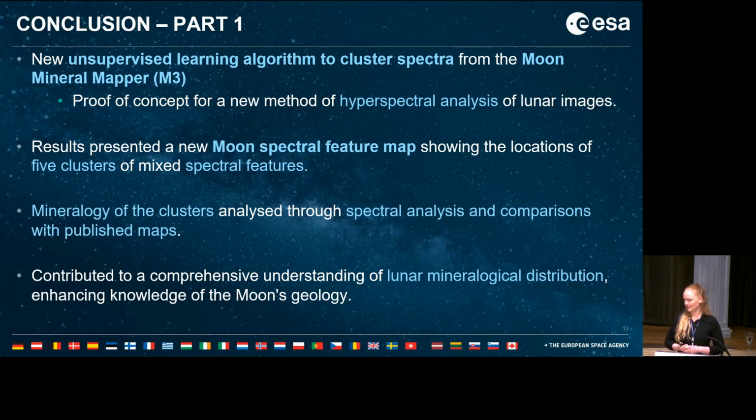With these results, we present a new moon spectral feature map showing the locations of 5 clusters of mixed spectral features. And these clusters are analyzed through spectral analysis and comparisons with published maps. We hope to contribute, of course, to an understanding of the lunar mineralogical distribution, enhancing our knowledge of the moon's geology.